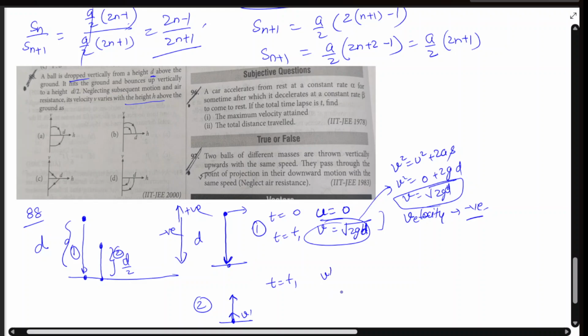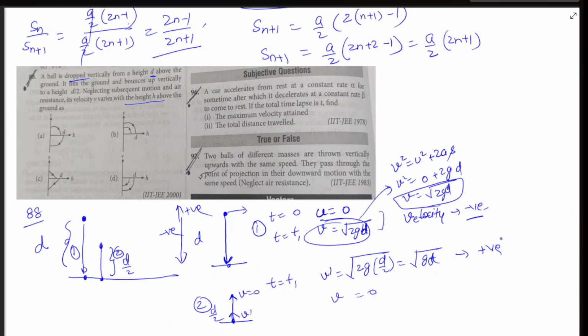It is going up to a height d by 2, so the velocity will turn out to be root 2g times d by 2, which is root gd, but it will be positive. This is the positive side, and at the top the velocity will be 0.